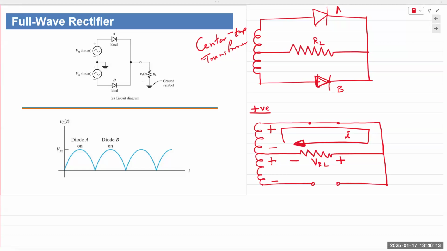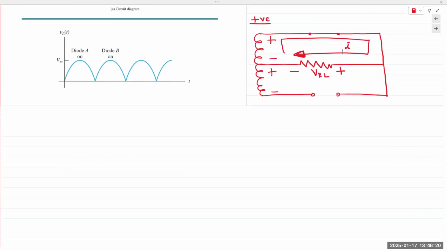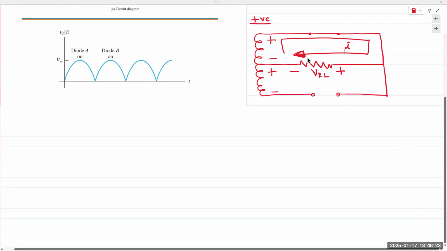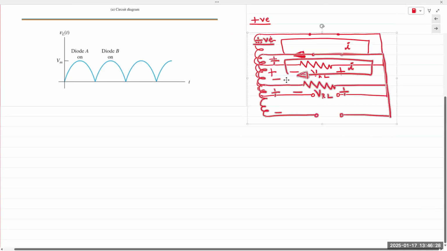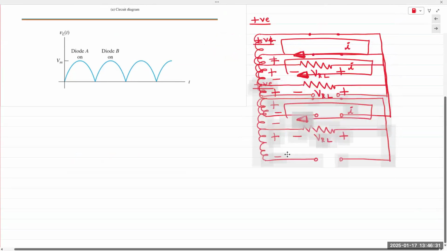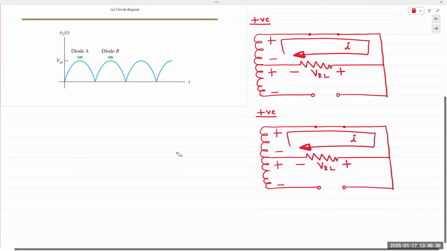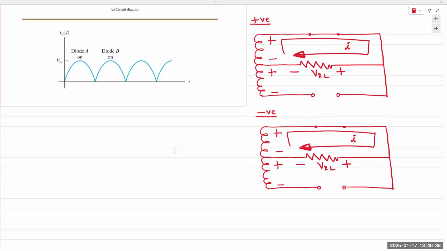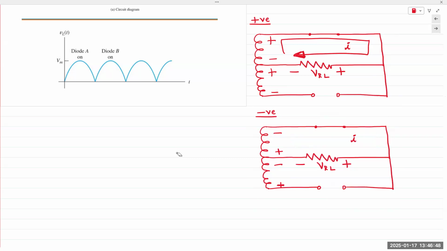What happens in the negative direction? Well, in the negative direction, now this changes.